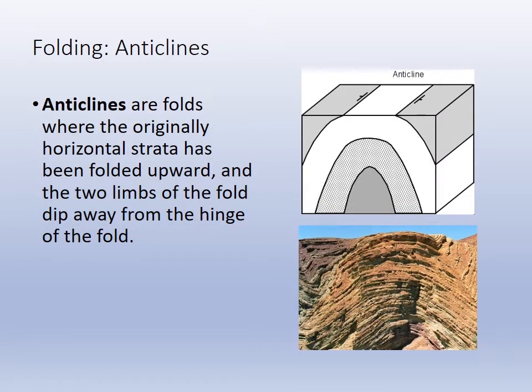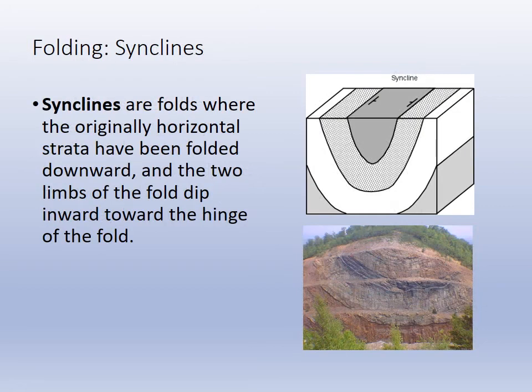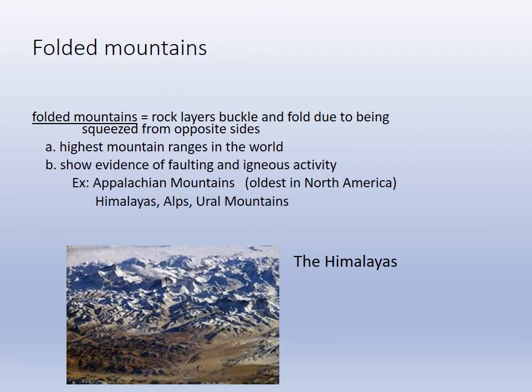An anticline is like an A. A syncline is like a basin. Generally speaking, they form folded mountains. The highest mountain range in the world is caused by compressional forces: the Himalayas.